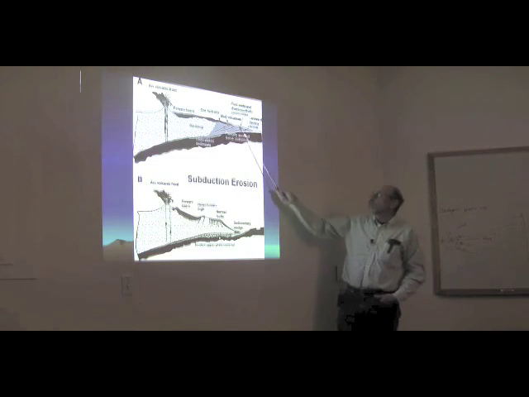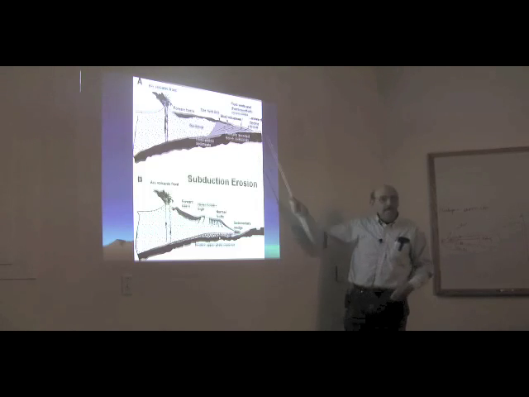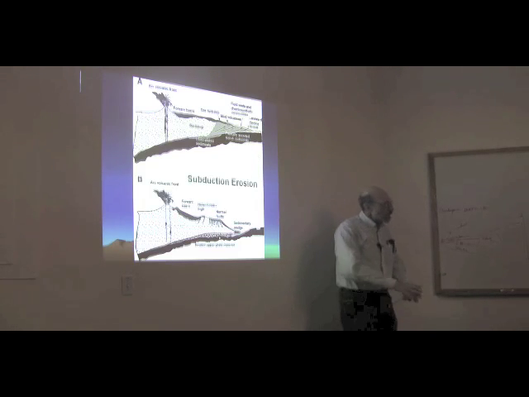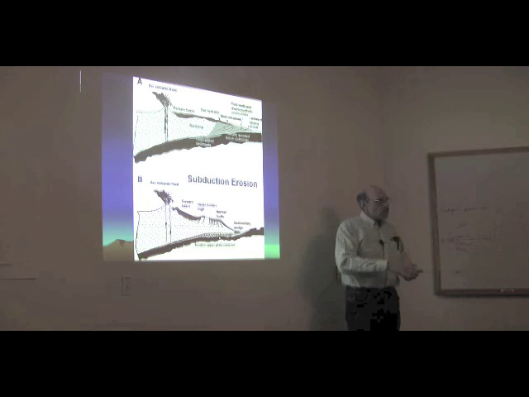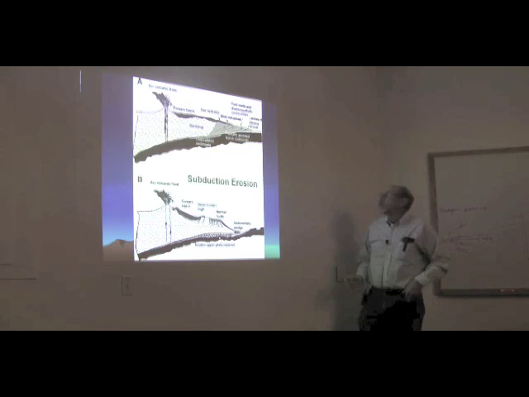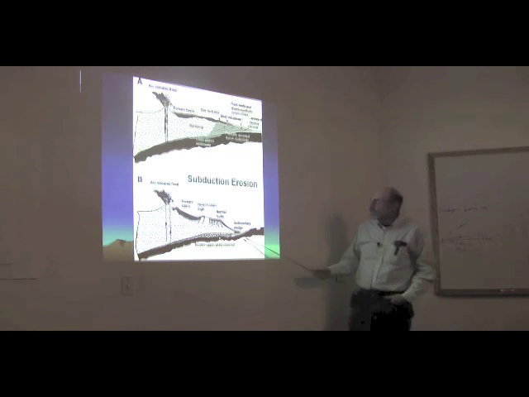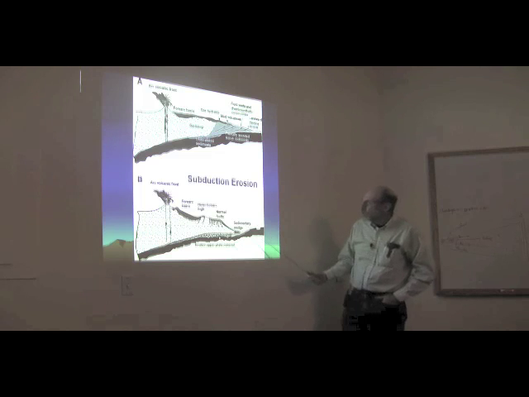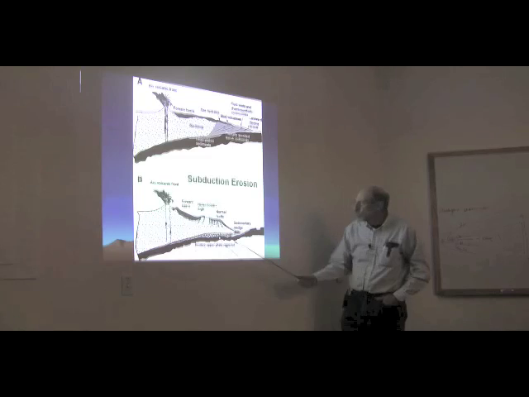Number two, this whole area, because you're adding material and stacking it, tends to rise. So over time, that thickening gives you vertical uplift. With subduction erosion, you're not adding material to the front. In fact, you're removing it.